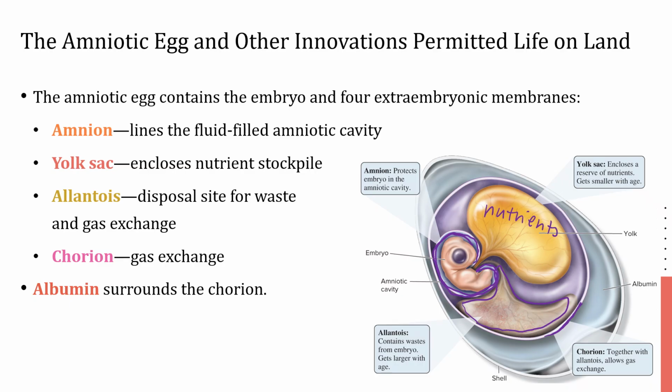The egg is going to be permeable to oxygen, but not to water. And then outside of the chorion is the albumen. This is the light blue region here. This is the egg white part of our chicken egg. And that is going to basically provide a cushion and protection for everything inside the egg.